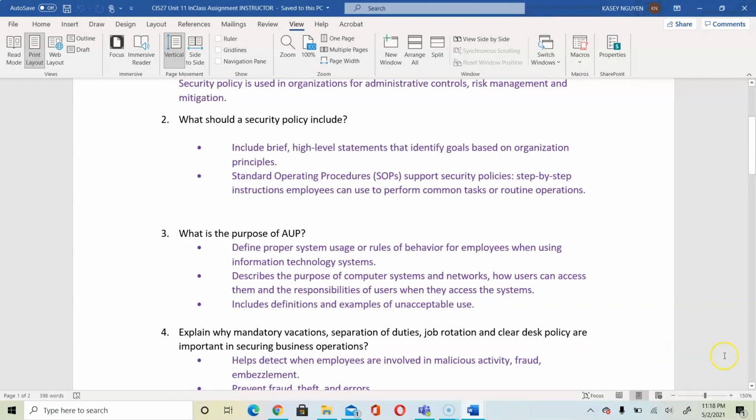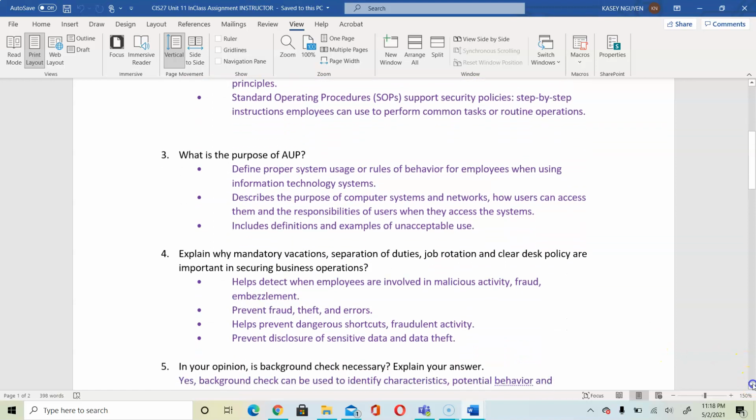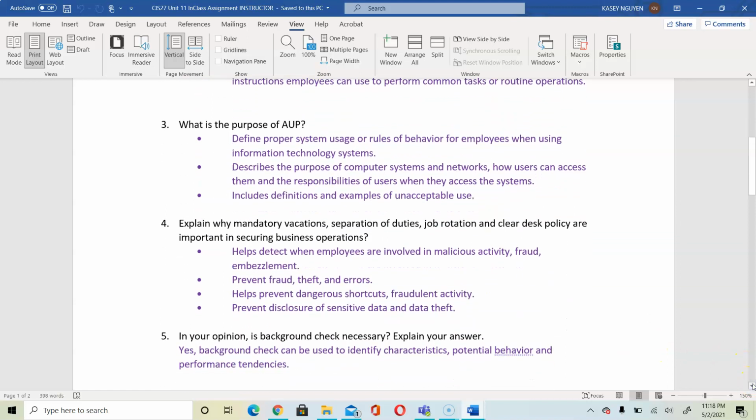So the next question asks you to explain why mandatory vacation, separation of duties, job rotation, and clear desk policy are important in securing business operations. These things help detect when employees are involved in malicious activity, fraud, or embezzlement. It also prevents fraud, theft, or errors. It helps prevent dangerous shortcuts and fraudulent activity.